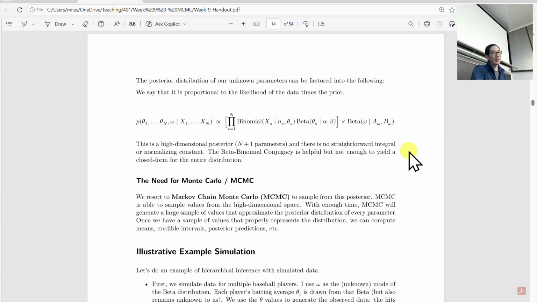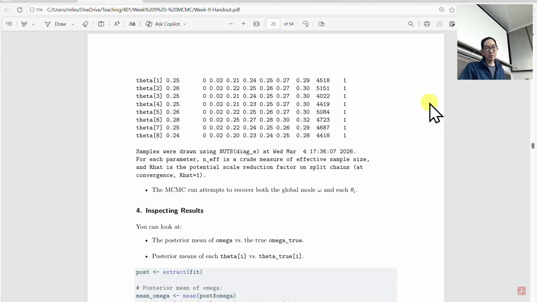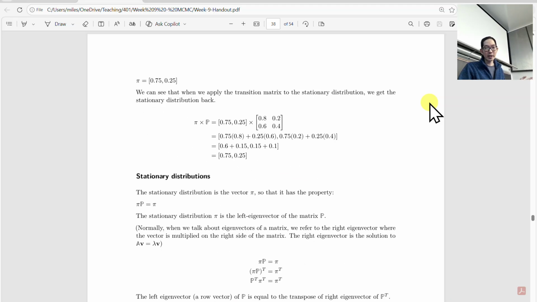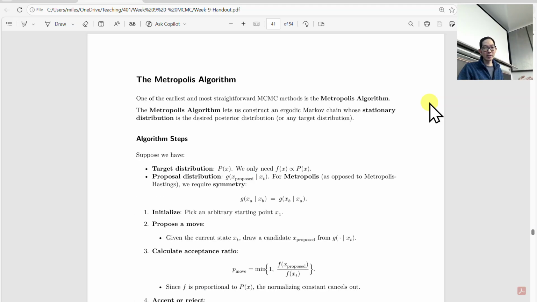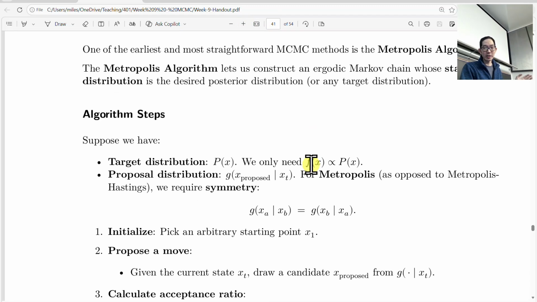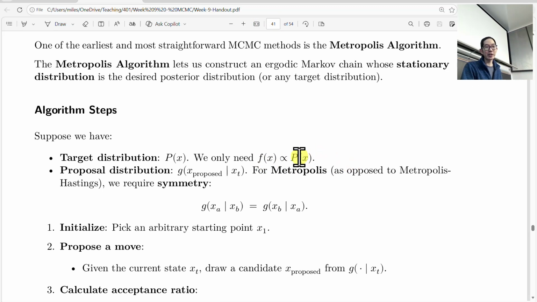If you told me to write down the formula, I might be able to write down a defined thing for the binomial, a defined thing for the beta, and a defined thing for this beta. But I don't have the normalizing constant, so I only have something that's proportional to it. But with the Metropolis algorithm, that's okay. I only need something proportional. We only need an f of x that's proportional to the target distribution that we want.